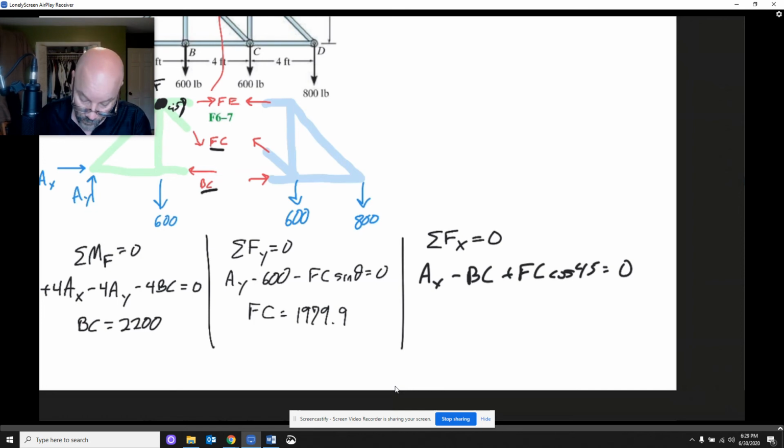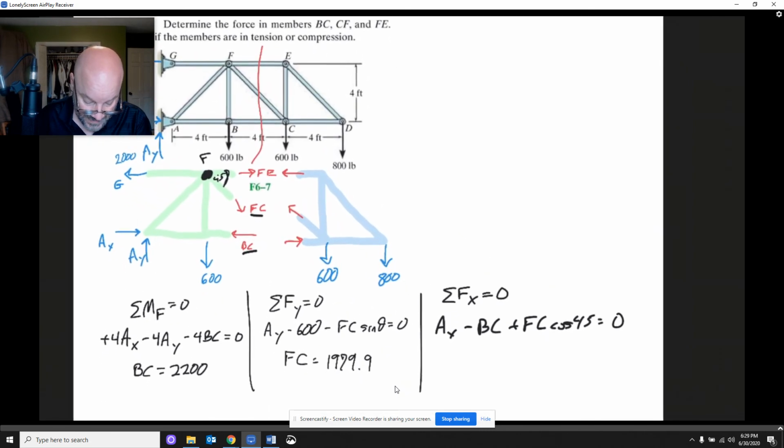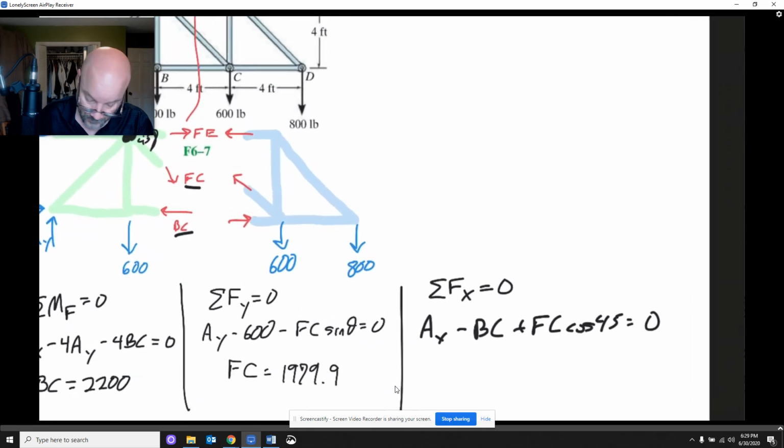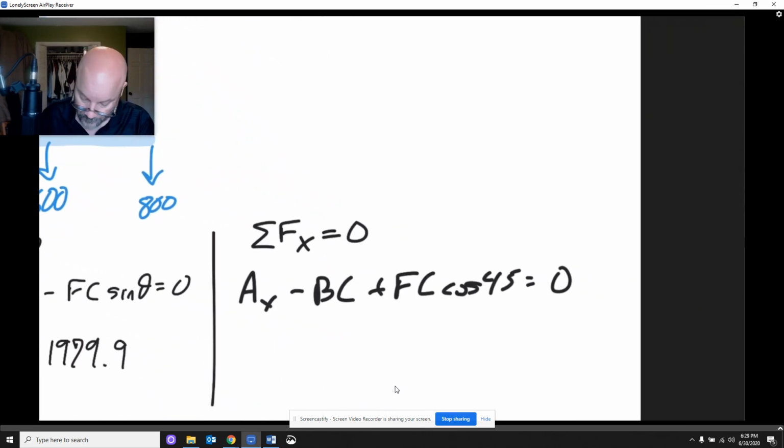So here we go. We know FC. What we're trying to find is FE, which I forgot to write in my equation. Okay, so let's erase this stuff here. There we go.